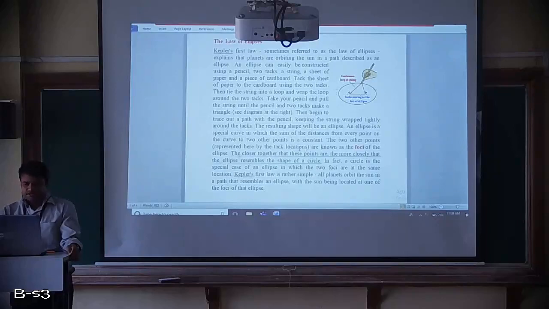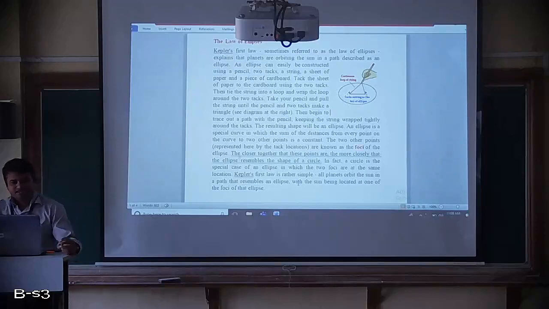Now I will explain this once again. Here an ellipse can be easily constructed using a pencil, two tacks, a string, a sheet of paper and a piece of cardboard. What we have to do here is tack the sheet of paper to the cardboard using two tacks, then tie the string into a loop and wrap the loop around the two tacks.